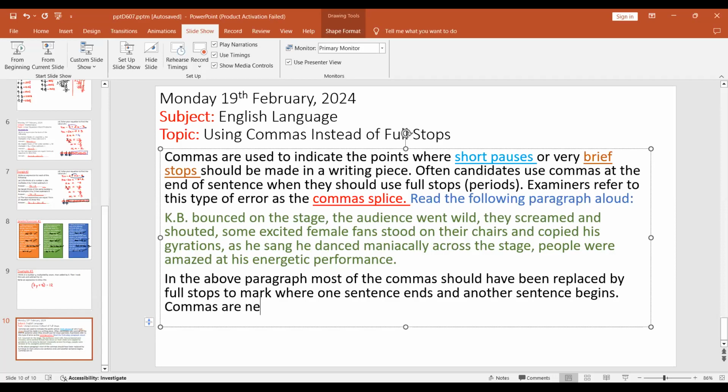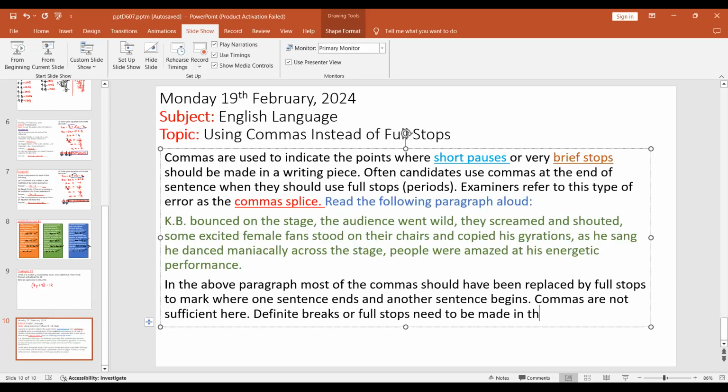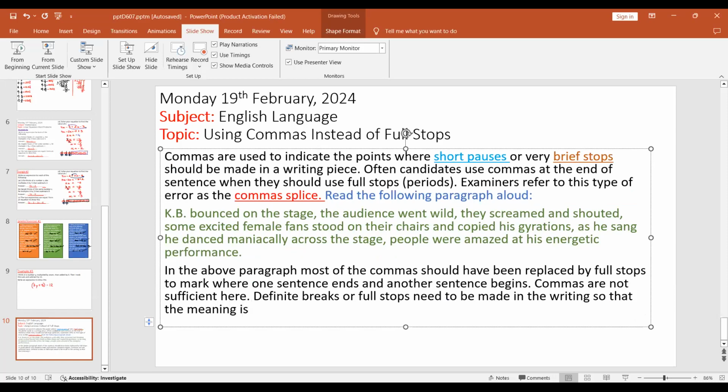Commas are not sufficient here. Definite breaks or full stops need to be made in the writing so that the meaning is entirely clear, and so that the whole piece flows smoothly.